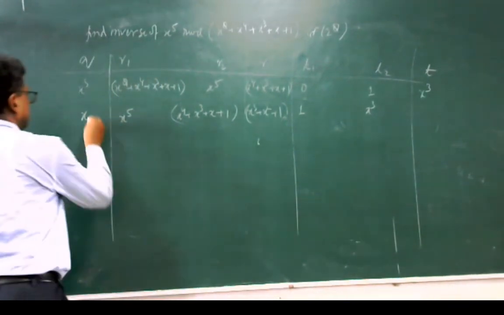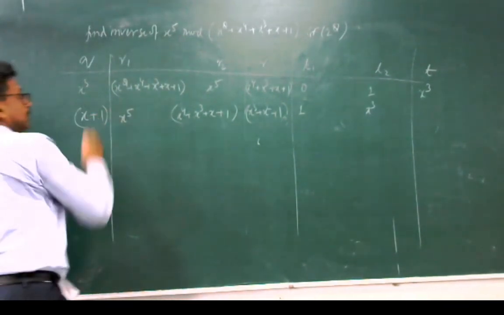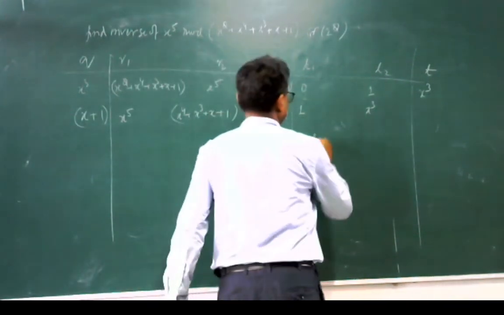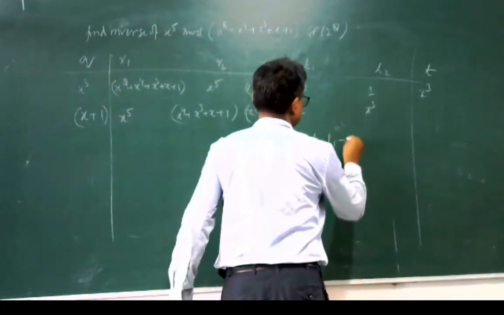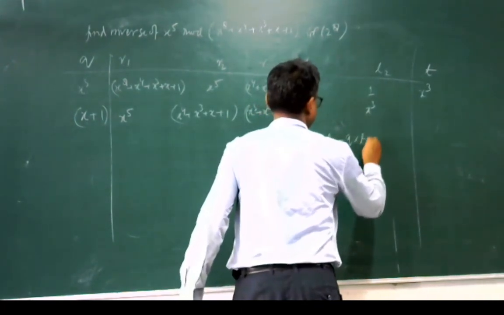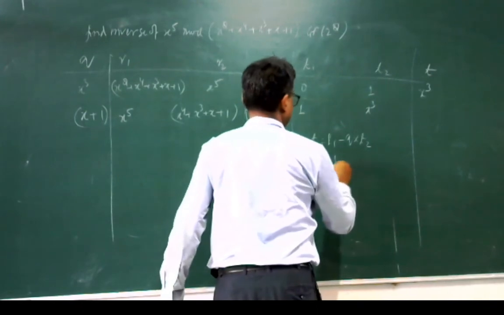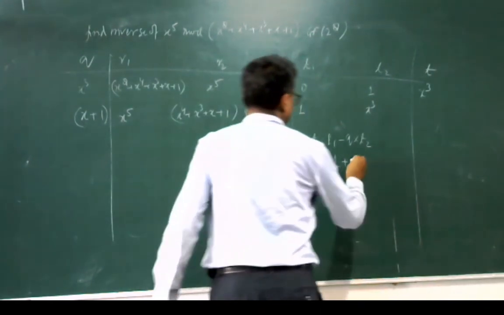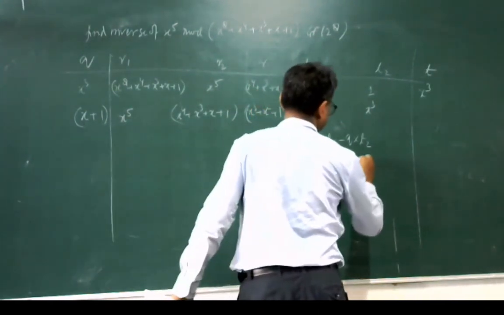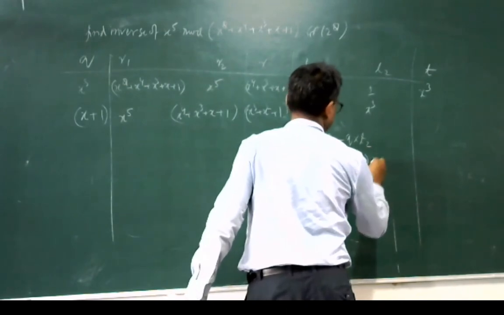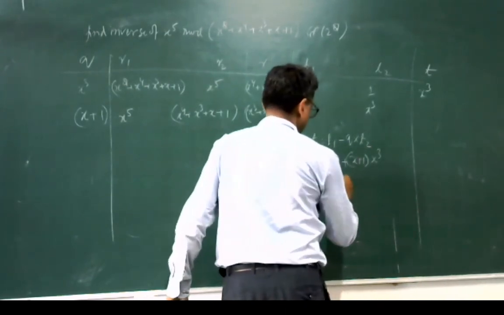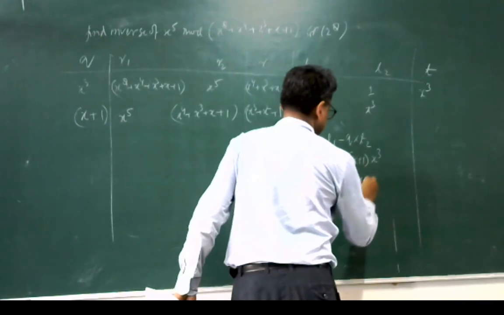So this will be x plus 1. So t will be equal to T1 minus Q into T2. T1 is equal to 1, plus Q is x plus 1, into x cube. So it will be 1 plus x to the power 4 plus x cube.